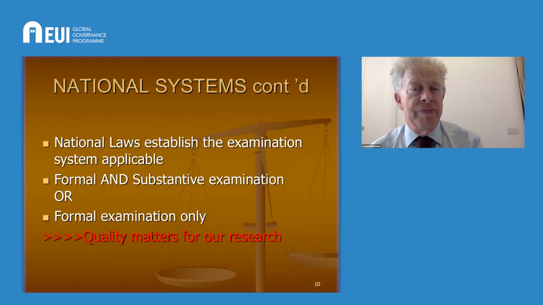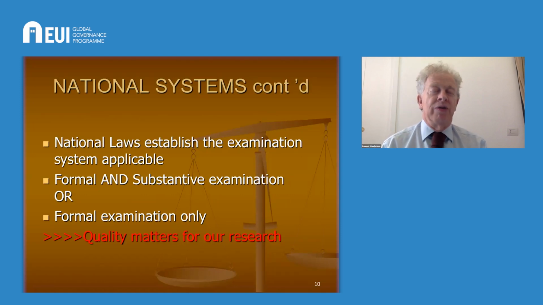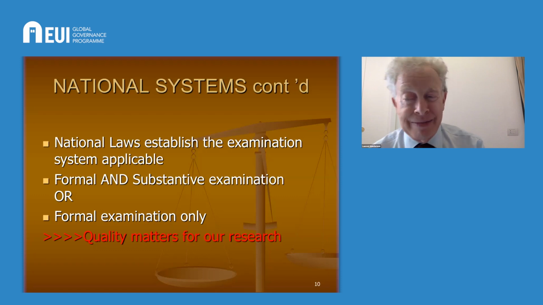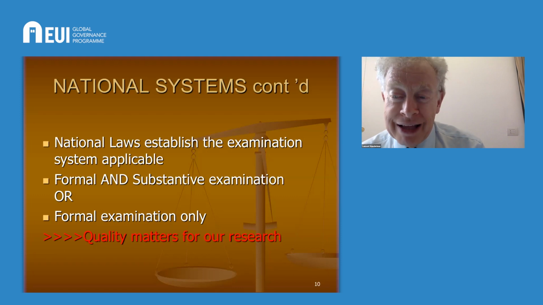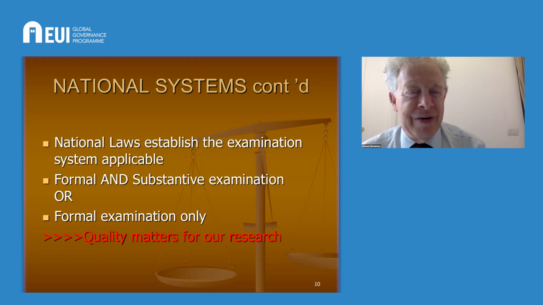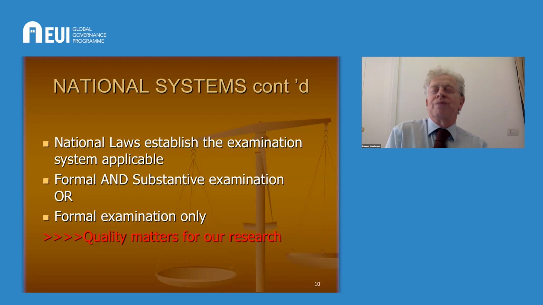National law, above all, establishes the examination system applicable, which is formal and substantive, or formal only. What does it mean? If the examination is only formal, I check that Martina is Martina, that Martina has paid the application fee, that Martina really lives in Florence, has sent a file which looks in order.